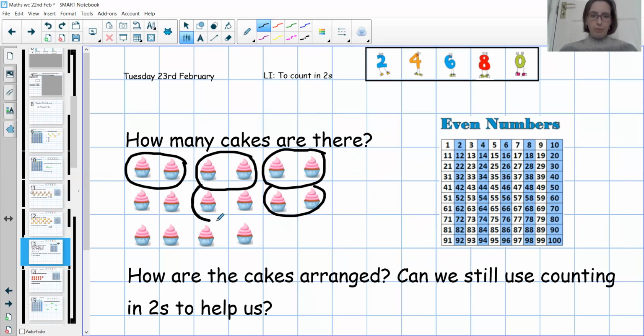There's another group of 2. There's another group of 2. And there's another one. Oh, that one's a bit big circle, but never mind. And then we can go back to the start and count our groups that we've made.